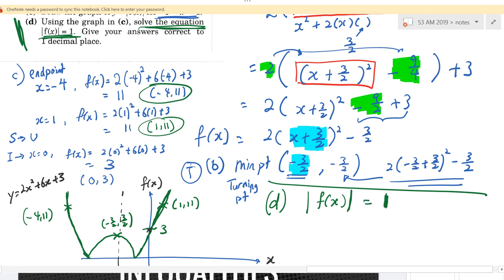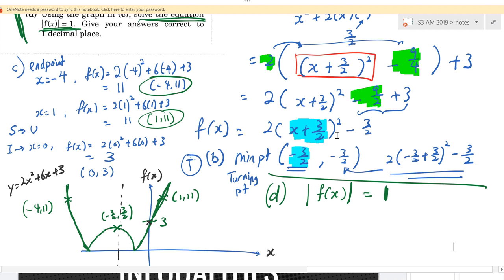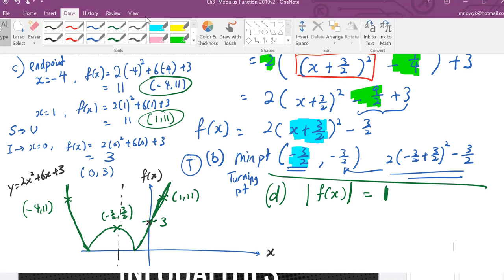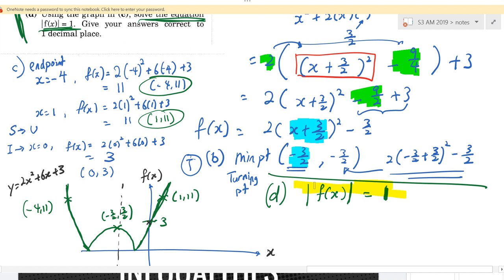Now, what does this mean? Draw what line? I want your attention to be at this yellow thing. Do you know what you need to draw? 1. 1 is good. Is it a horizontal one or vertical one? Horizontal. Do you know why?